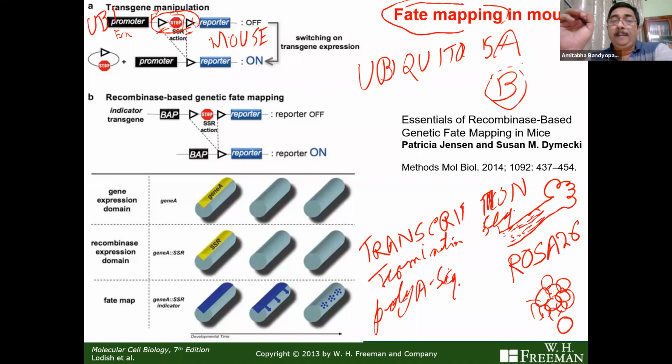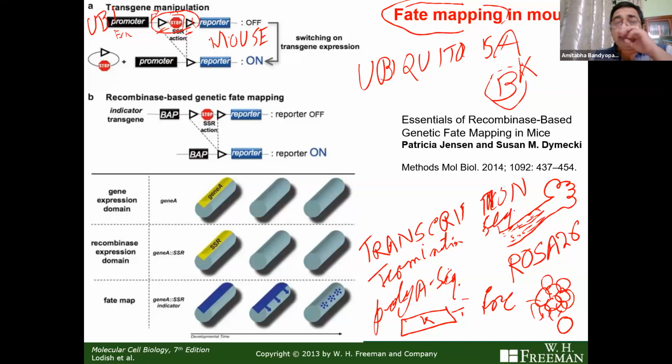Now you use a second mouse line, in which B cells have this gene K, which is only expressed in B. So you take the promoter enhancer of K, under which you express Cre. Now K can be expressed only in the cells of B and nowhere else.